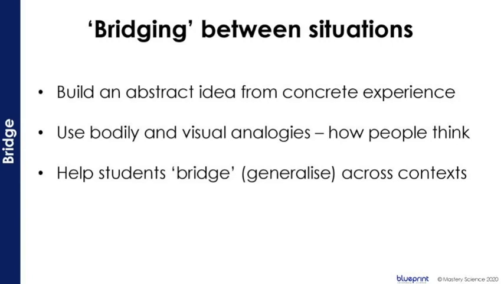So we're going to be heavily into things like bodily and visual analogies, because that is really how people think. And we're going to use those as a kind of stepping stone to building the abstract idea. And then we're going to try hard to make students generalize and see the commonalities across different contexts. So how do we do that?